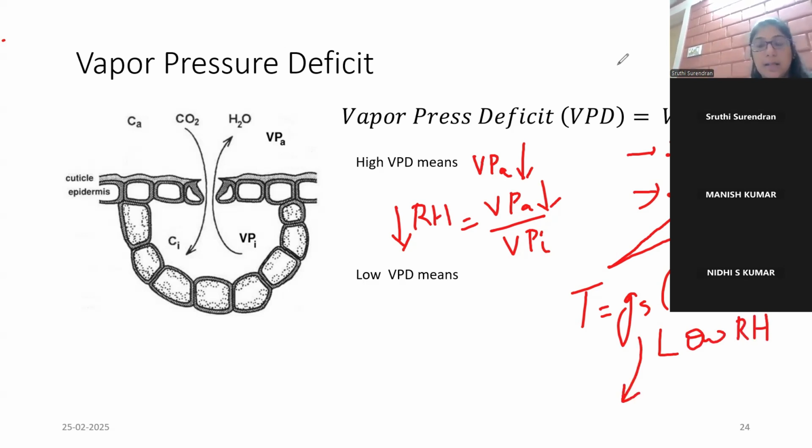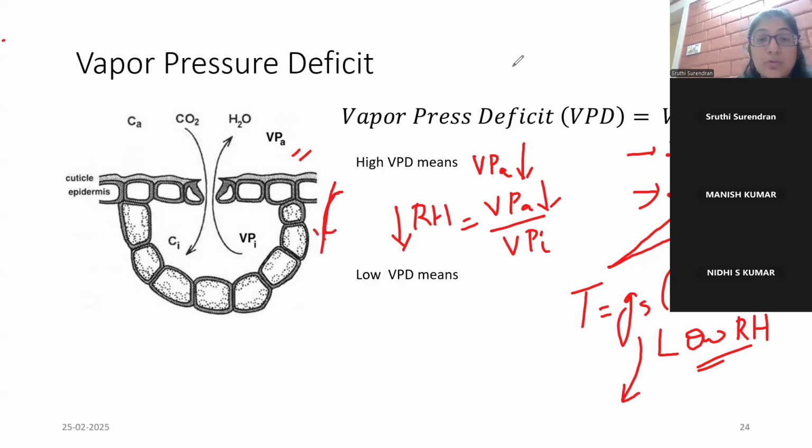Will it close or will it keep the stomata more open? It will close, as a response to low relative humidity. So when the air is very dry out in the atmosphere, the tendency of the stomata is to close.